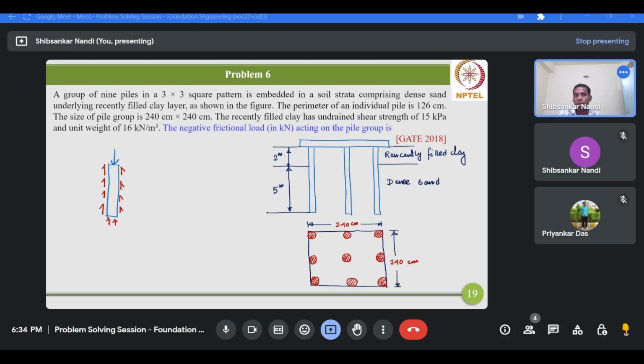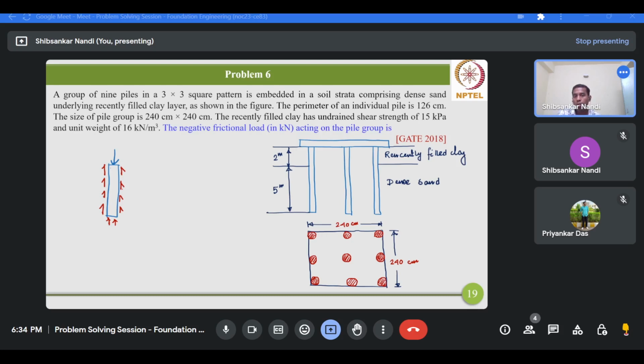However, when you encounter some recently filled clay or unconsolidated clay, or loose sand, what will happen? In that case, the adjacent soil mass will settle relative to the pile.